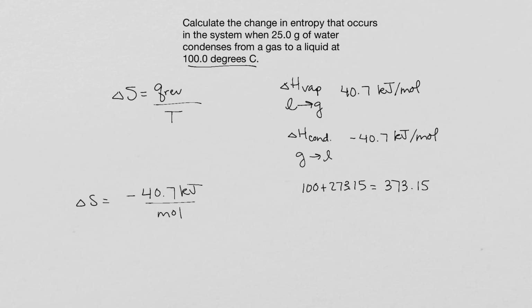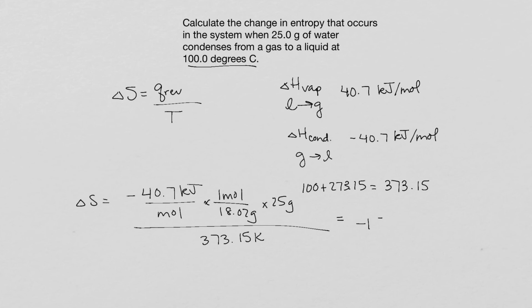And we have 25 grams, so we have to convert that. We've got 1 mole per 18.02 grams times 25 grams, and this whole thing divided by our temperature of 373.15 Kelvin, which gives us a value of negative 151 joules per Kelvin.